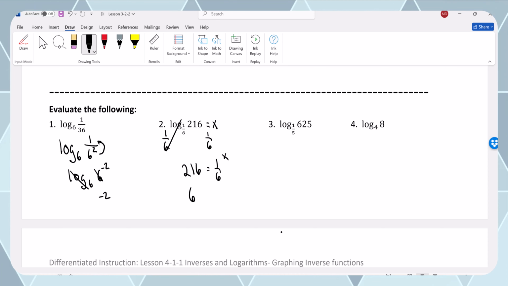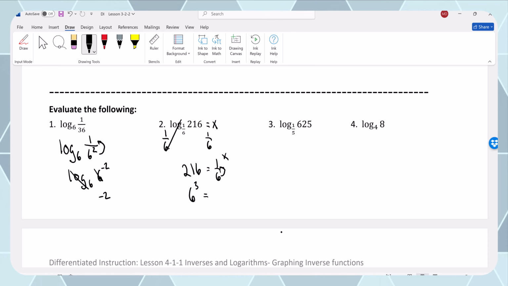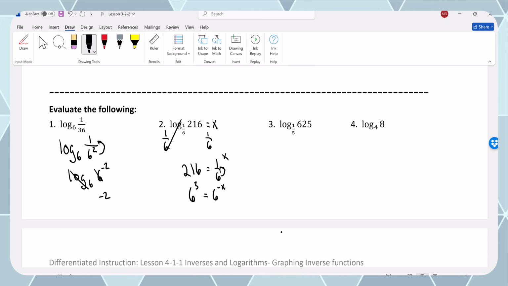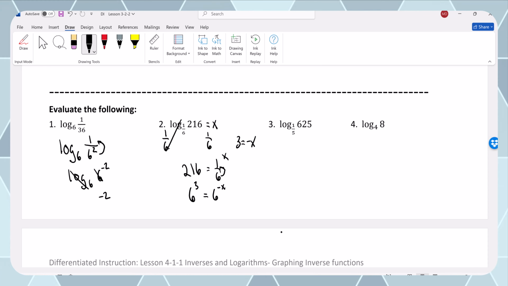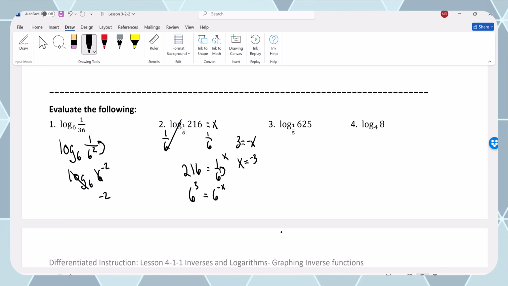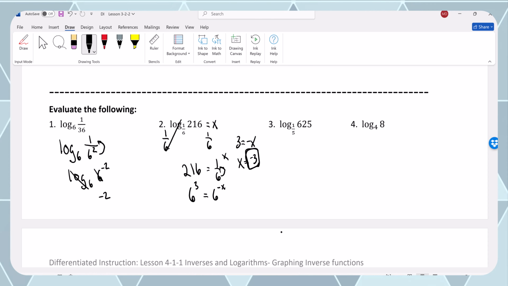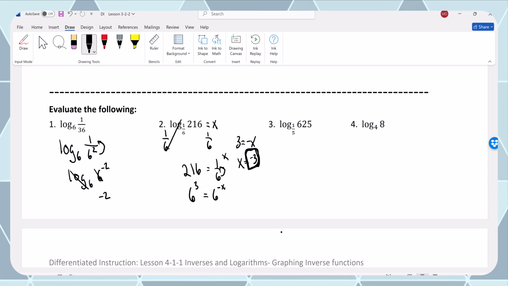I can rewrite this as 6 to the 3rd, and if I move that to the top, that becomes 6 to the negative 1, and then times that x. So now that the bases are the same, I can set the exponents equal to each other, divide by negative, so you're going to get x equals negative 3. But we can't have x equals negative 3, so we just need to make sure that it's only negative 3.